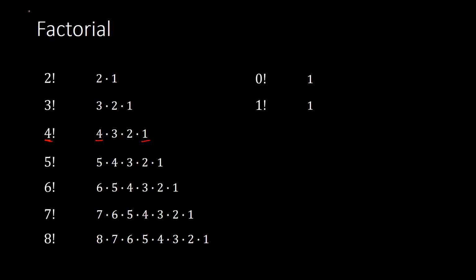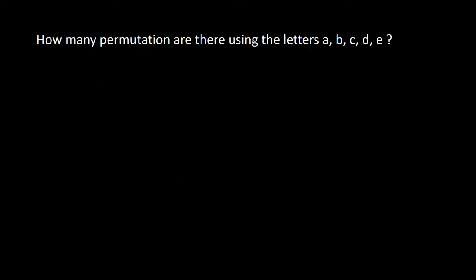So it's kind of like the concept of raising something to a 0 power, where anything to the 0 power is 1. This is kind of the same concept, sort of, where 0 factorial, we just know that to be 1. Now looking back at the previous example, where we had the letters A, B, C, D, and E, and we're trying to determine how many permutations there are using these letters.